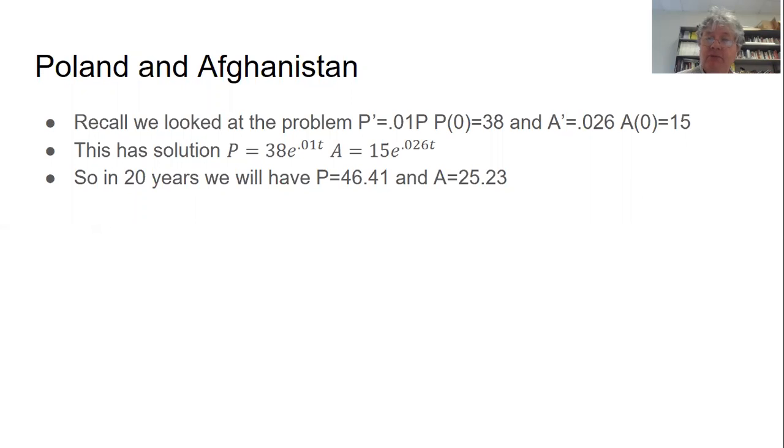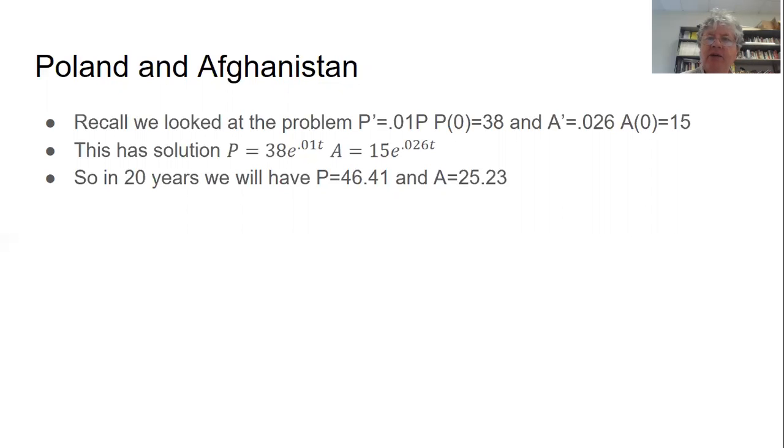Here's one that we looked at really much earlier when we looked at exponential growth. This problem of Poland and Afghanistan, 2 countries with 2 different populations and 2 different growth rates. And if you remember, the problem was p prime equals 0.01p, and the initial population was 38 million, so p is in millions here. I think this is back in 1985.